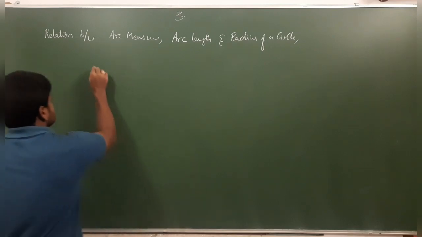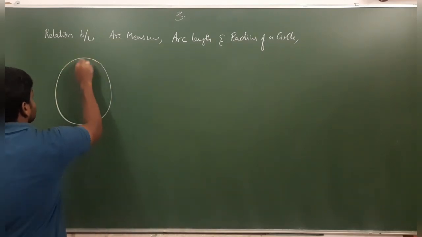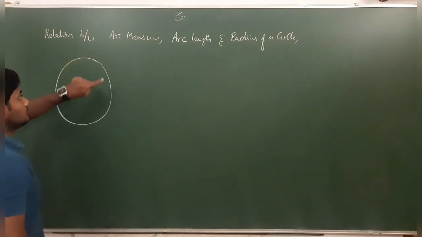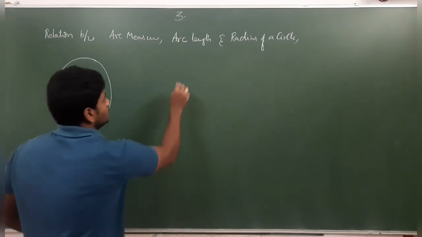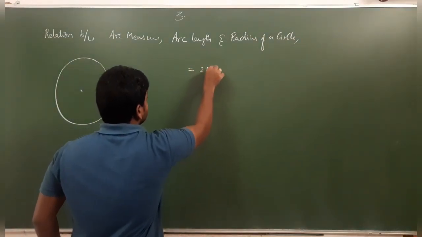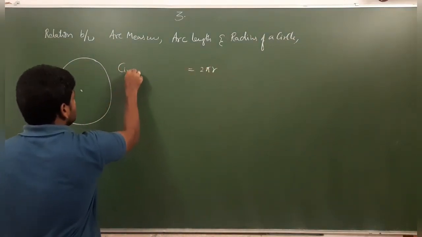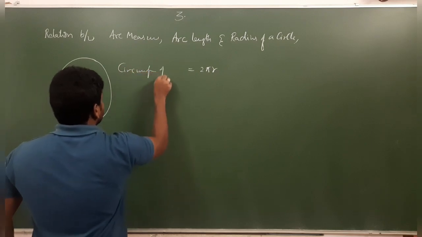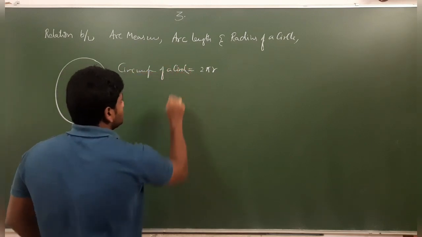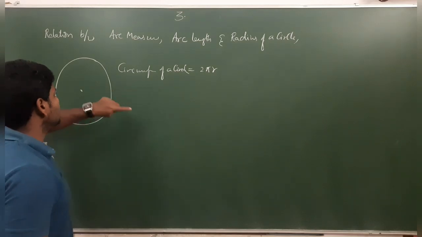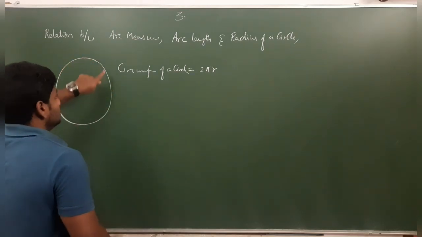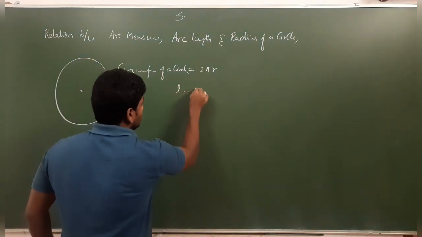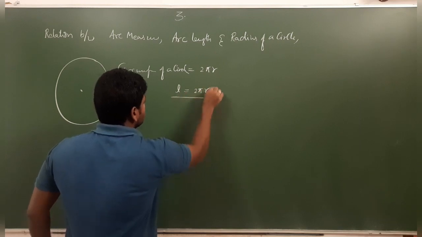See, for example, if I consider a circle, what is the circumference of the circle? We know that it is equal to 2 pi r. That circumference is nothing but length. That length I will consider as L. L is equal to 2 pi r.